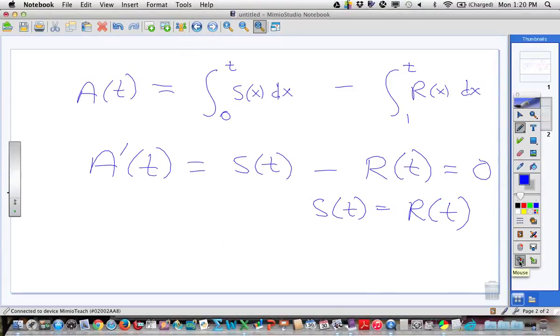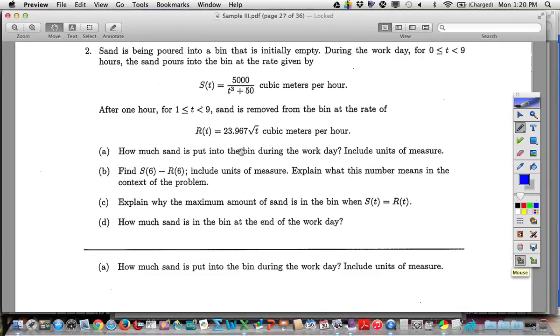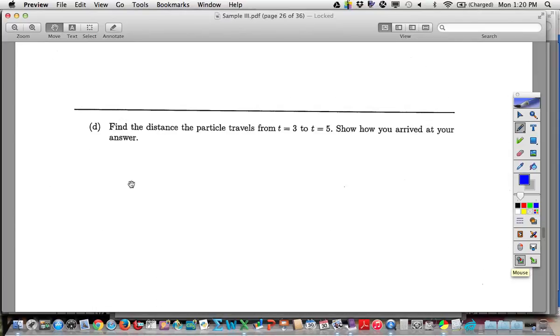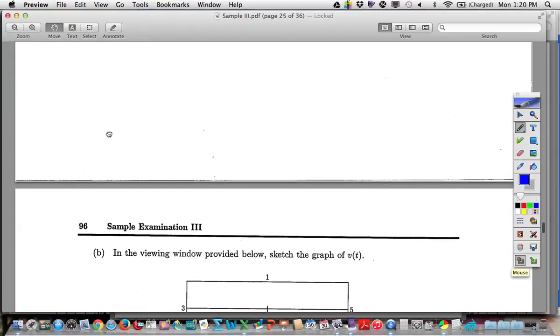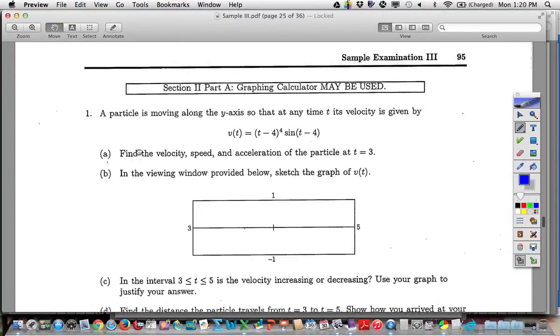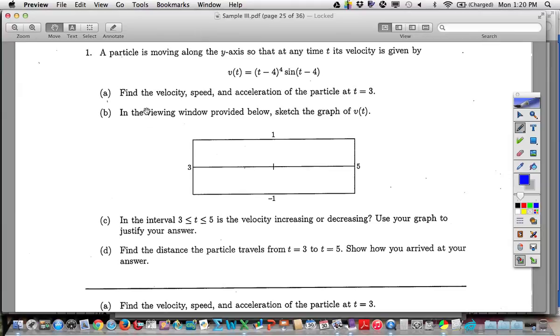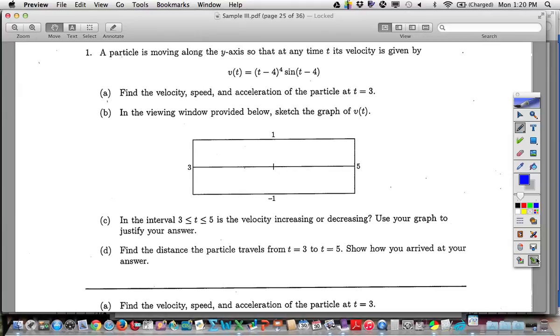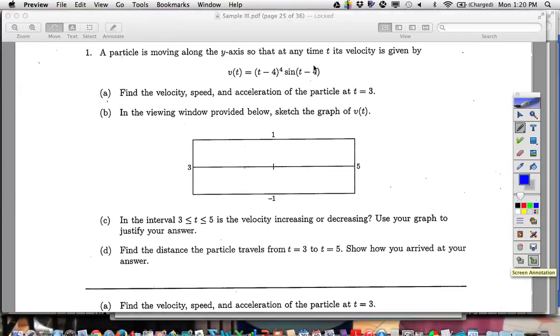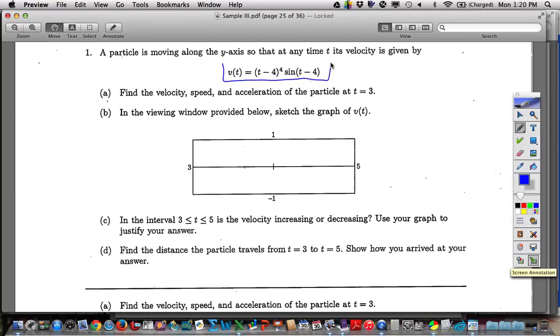Okay? All right, that's number 2. Let's go to number 1. This is pretty good review, even though some of what we just talked about does fit in here. So this is a calculator one, so they give you the velocity. Find the velocity at 3, so that's easy, V of 3, and they give you an answer there, negative 0.841 or 842.